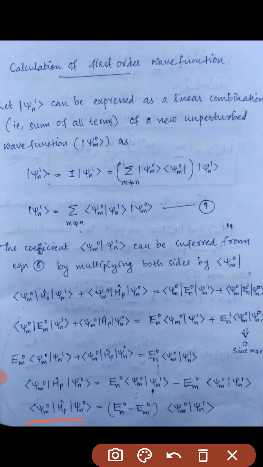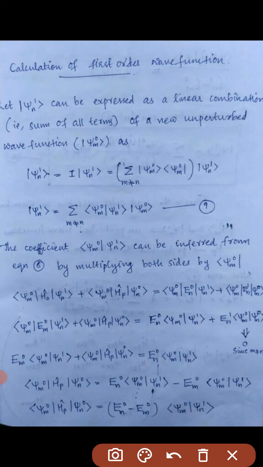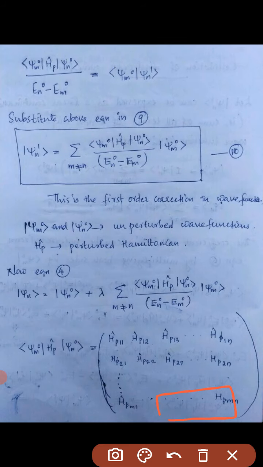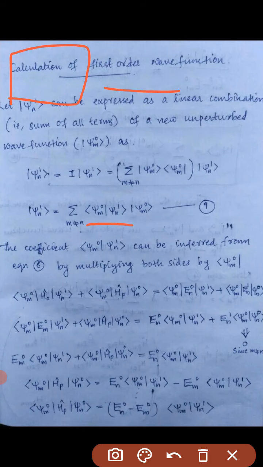These two terms are common, therefore En0 minus Em0 times bra psi m0 ket psi n1. Therefore this inner product, psi m0 psi n1, is equal to this term. Now we have got the value of this inner product.